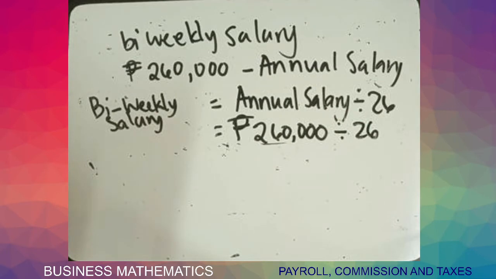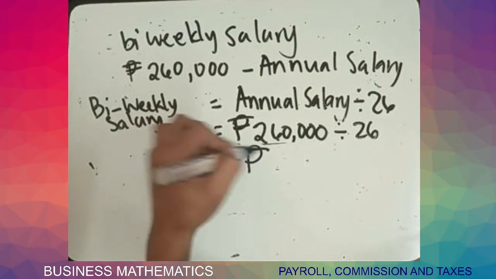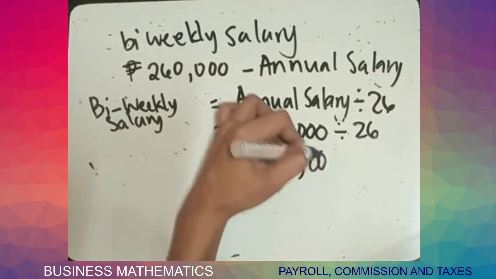Okay. So, 260,000 divided by 26. Anong sagot? 10,000 pesos.